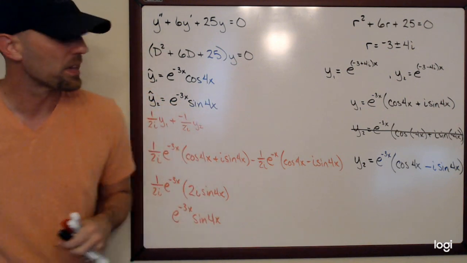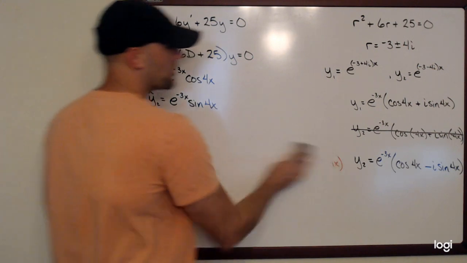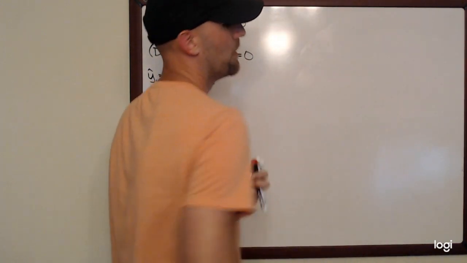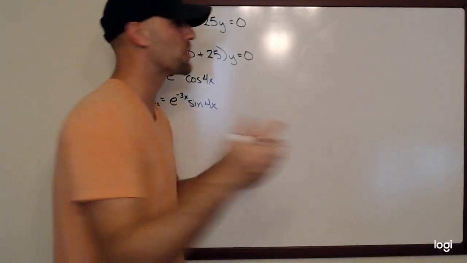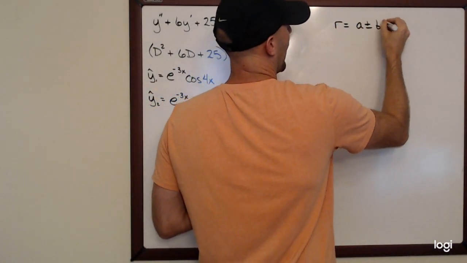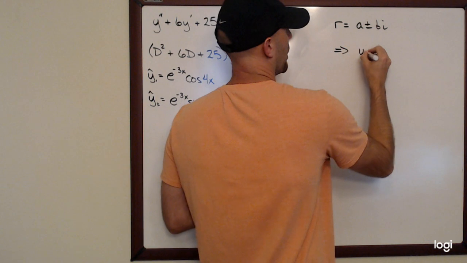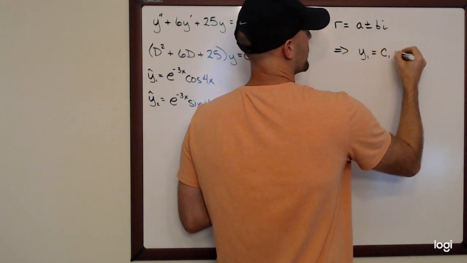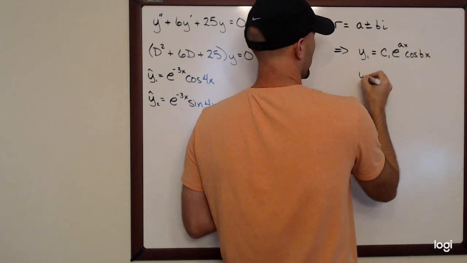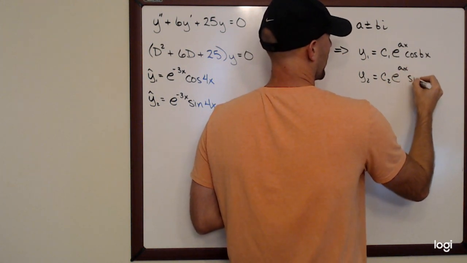In general, you won't have to go through this process ever again. Assuming you get the two roots to the auxiliary polynomial, r equals a plus or minus bi, these two things correspond to the two solutions c1 e to the ax cosine bx and c2 e to the ax sine bx.